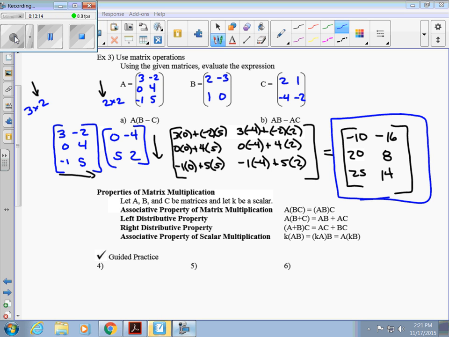Okay. Now, that is going to be the answer that we get for both A and for B. If we would do that one as well, we would get the same answer. Notice this is just the distributive property, AB minus AC. So if we were doing B, we would multiply matrix A and matrix B together.